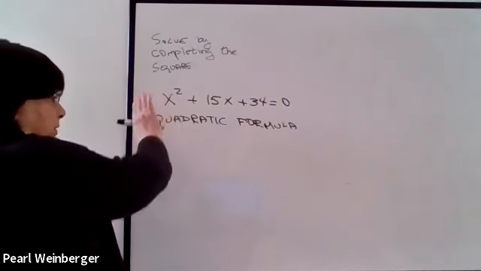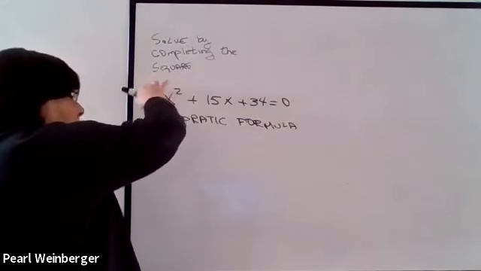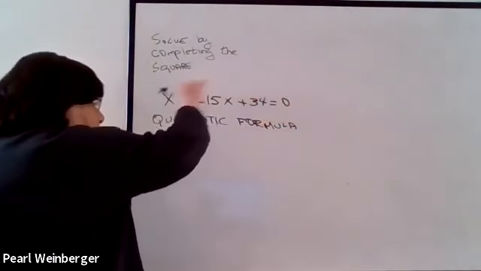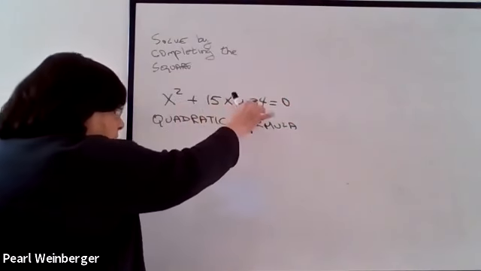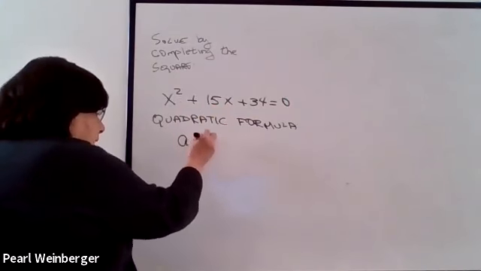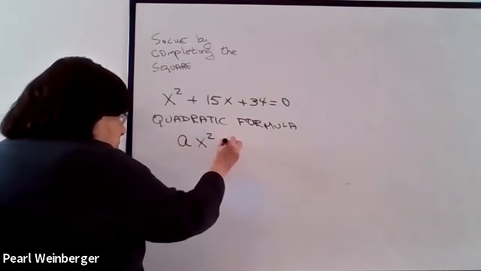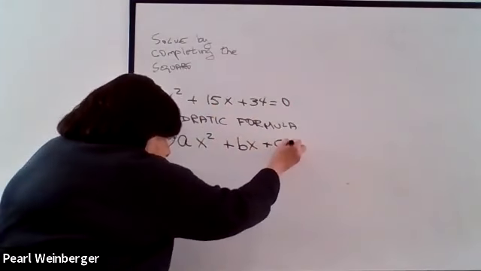First of all, I have to explain it. We're talking about quadratic equations that are in the form of the x squared, then the x, then the number, equals 0. In other words, it has to be in the format ax squared plus bx plus c equals 0.